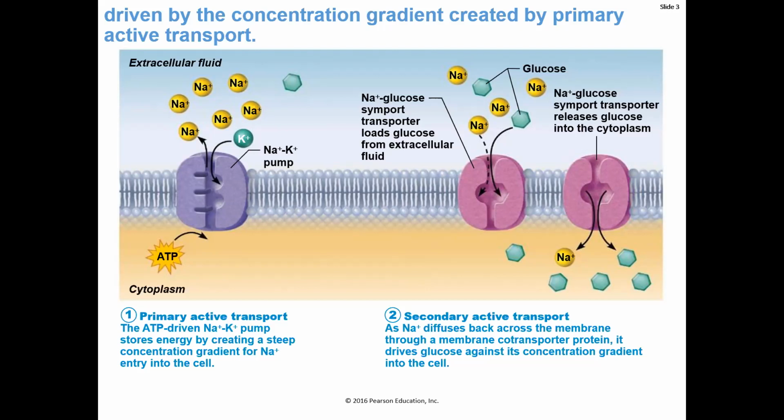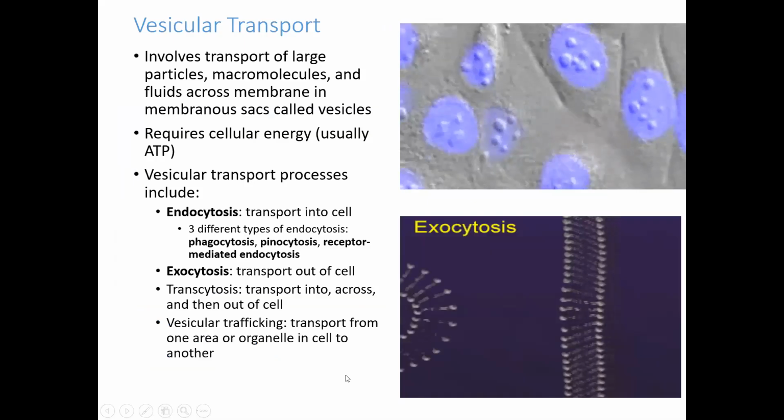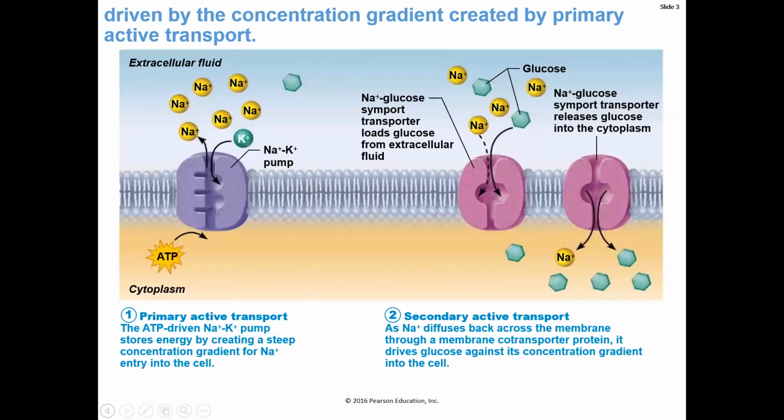Yes, glucose is a big molecule, but this is its workaround. It goes through this specialized channel protein, and that's how we can get around the fact that glucose alone can't just slide through the membrane. So this is how we get glucose in the cell.